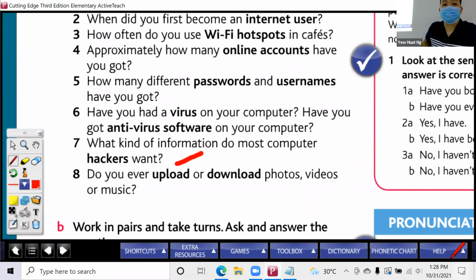Yeah. What kind of information do most computer hackers want? Bank account. Anything else? Personal information. Health. Some hackers, they want health information. Okay. Yeah, like for example, a long time ago, Lee Hsien Loong's health information was hacked.